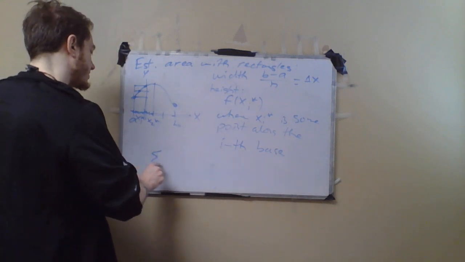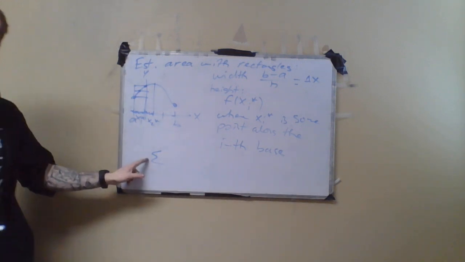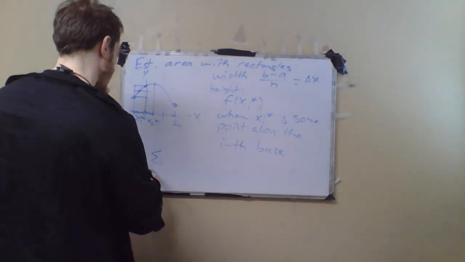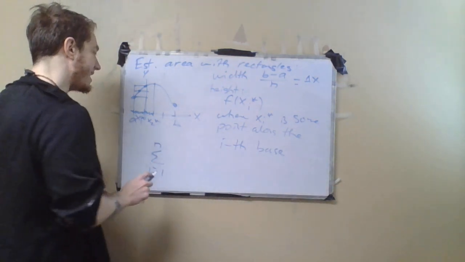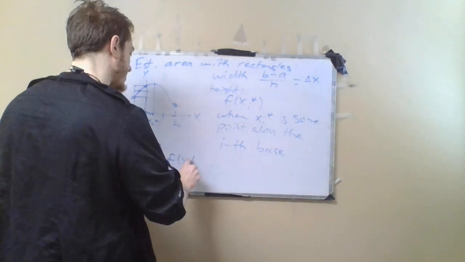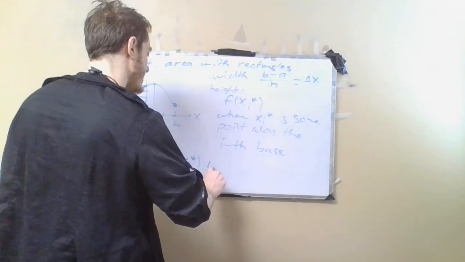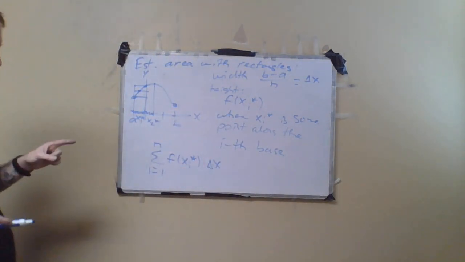Now, the way that we write such an addition is using summation notation. So this is a Greek capital letter sigma, and then we write i equals 1 up to n, and then we write f of xi star times delta x, which is the area of each one of these rectangles.